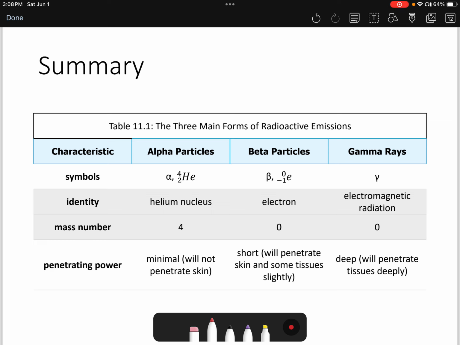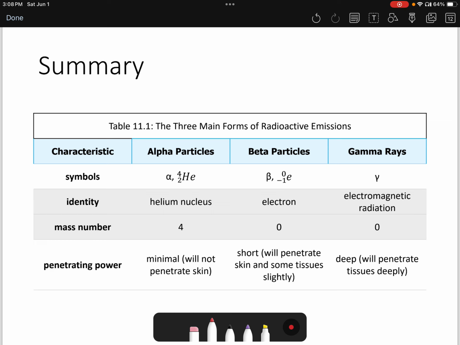So in fact, alpha particles can't even penetrate your skin because they're just too massive. I mean, the helium atom itself is pretty small, but if we're thinking about what will stop it, even a thin piece of paper will stop an alpha particle.